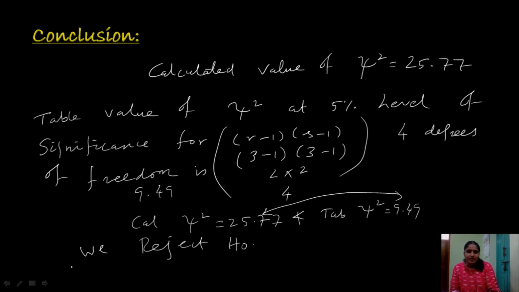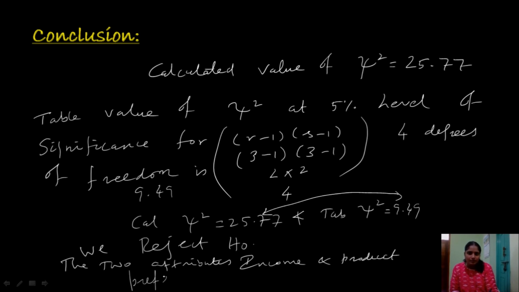That means the two attributes, income level and product preferred, are dependent with each other. That is the conclusion we have arrived at based on the observations given in our problem. Hope you got a clear idea about chi-square test for independence of attributes. Thanks for watching. See you again in my next video.